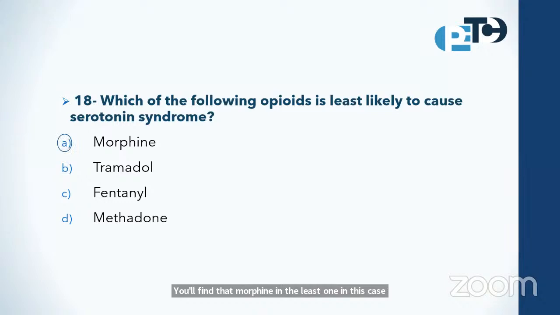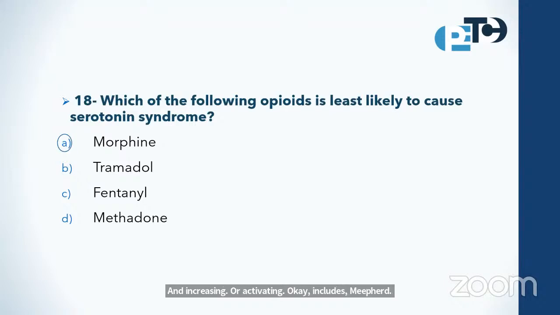Some opioids that can cause serotonin syndrome are those that have serotonergic properties, such as inhibiting serotonin reuptake, increasing serotonin level, or activating serotonin. Okay, these include tramadol, meperidine, methadone, dextromethorphan.